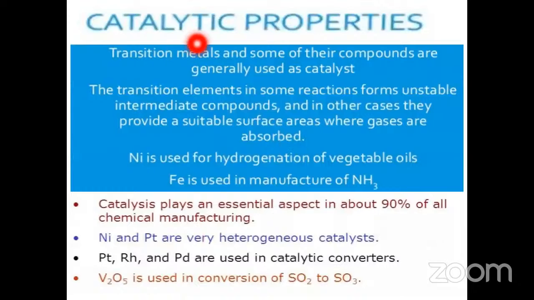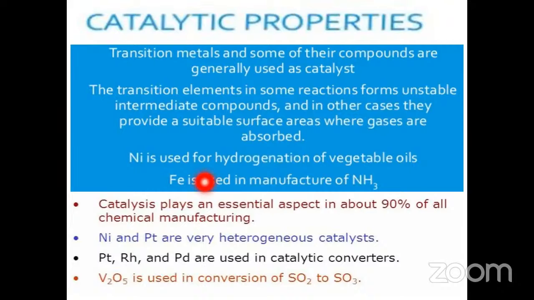Next we go to the catalytic properties. Transition metals and some of their compounds are generally used as catalysts. These transition elements in some reactions form unstable intermediate compounds, and in other cases they provide a suitable surface area where gases are adsorbed.